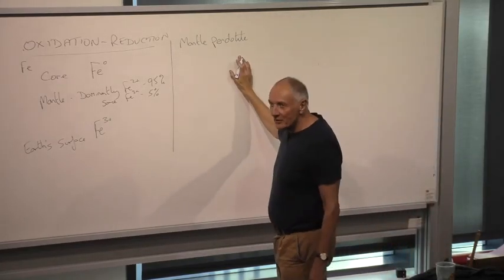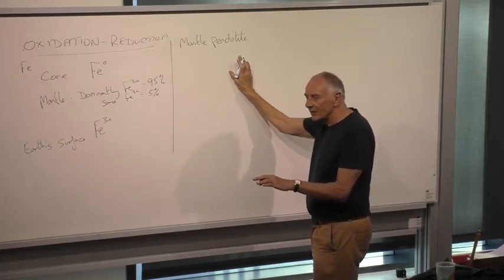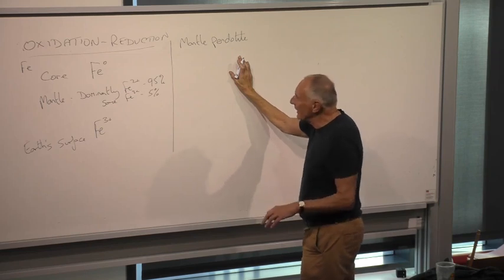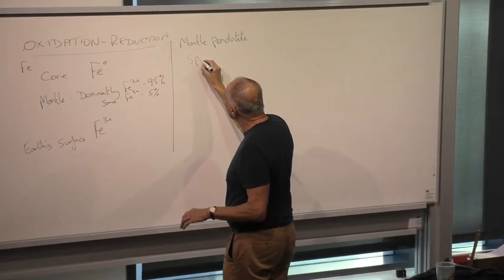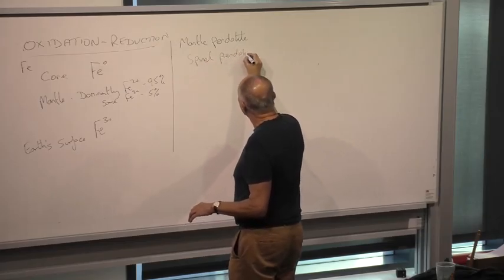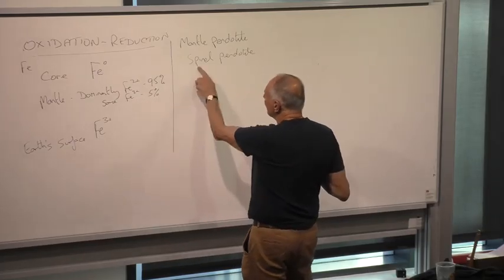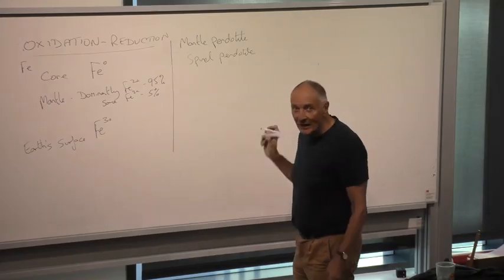But in mantle peridotite, in the regions in the upper 50 or 60 kilometers of the mantle, we have spinel peridotite. And all of this ferric iron, Fe3+, is in the spinel, more or less. And so we can write down a reaction.